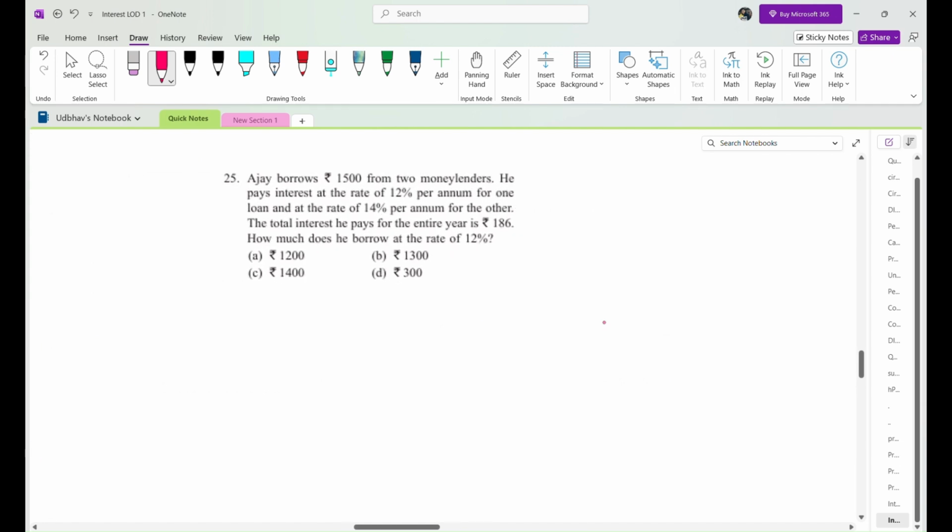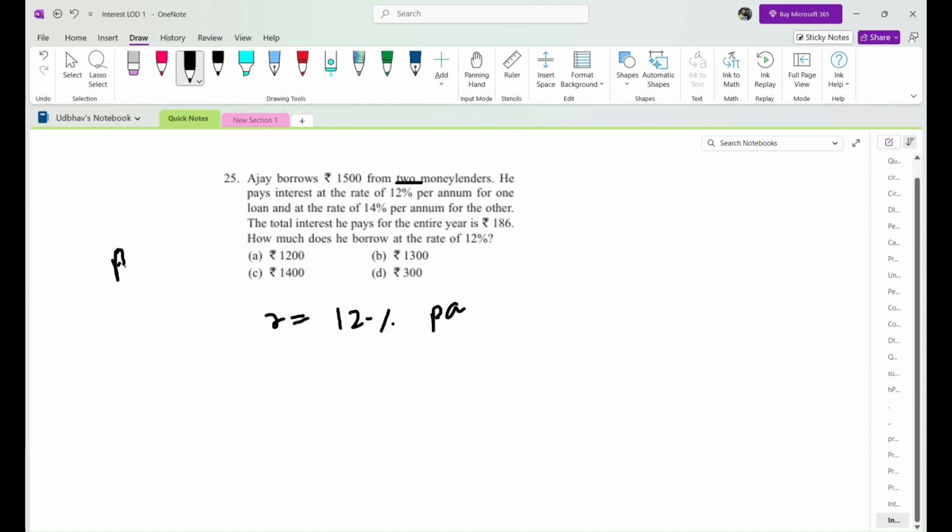Ajay borrows 1500 from two money lenders. He pays interest at the rate of 12% per annum for one loan. Okay, so there are two money lenders.